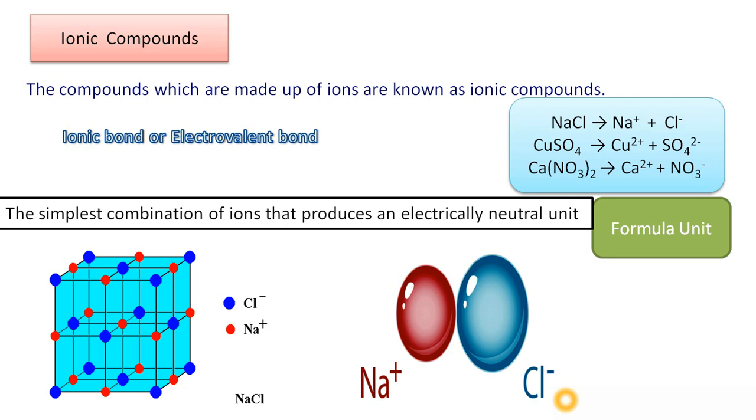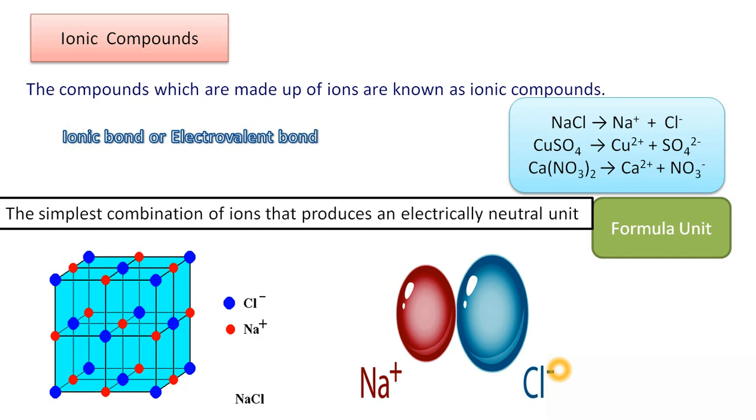But we write the formula for this ionic compound as NaCl, right? We write this formula, Na+ and Cl-. So this is the simplest formula of sodium chloride, but not its actual formula, because actually it contains a large number of sodium ions and chloride ions.